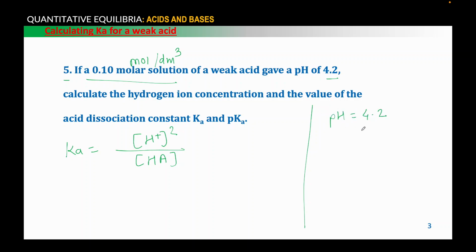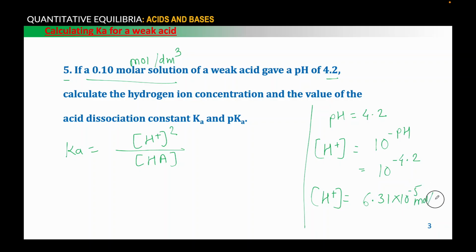So if you want to calculate H plus, use this formula: H plus is equal to 10 to the power negative pH. So 10 to the power negative 4.2. In the calculator it is equal to 6.31 into 10 to the power minus 5 mole per dm cube.